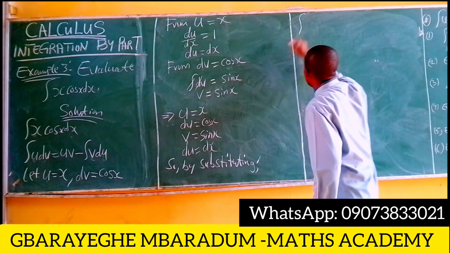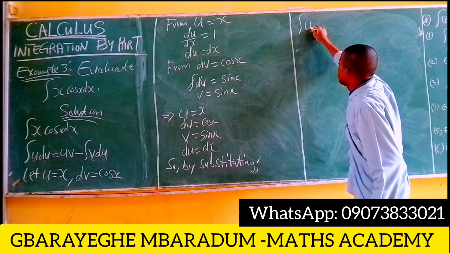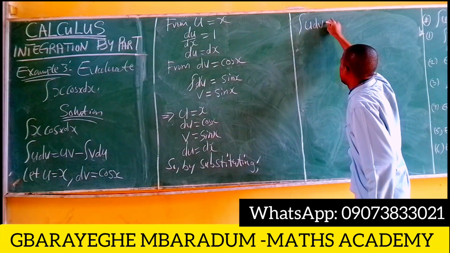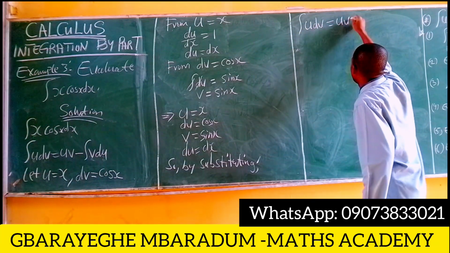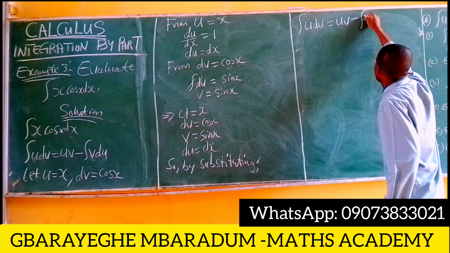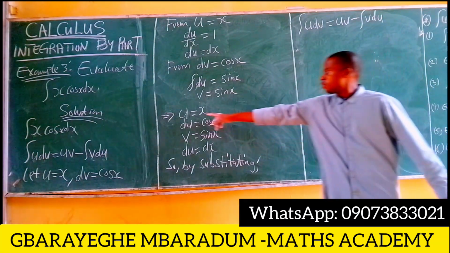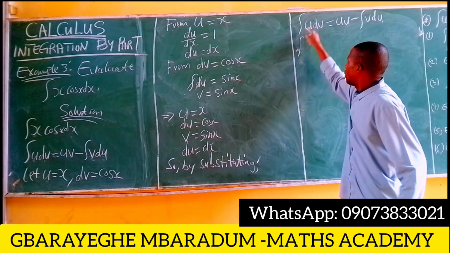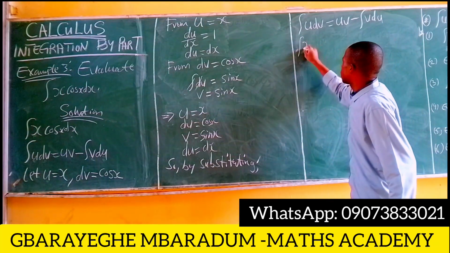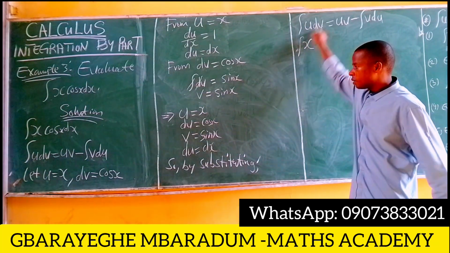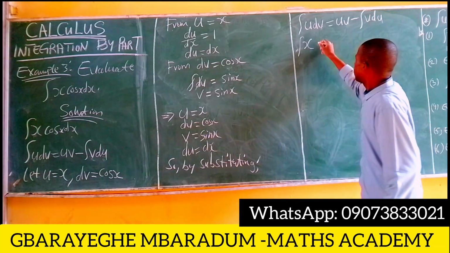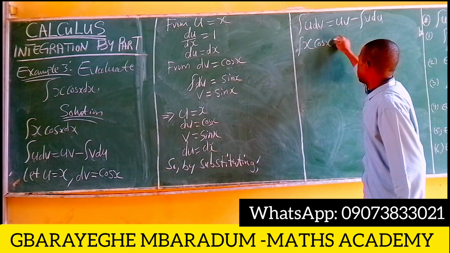From the formula of integration by parts, the integral of u dv equals uv minus the integral of v du. Our u is x, so we put our x here. Our dv is cos x dx.